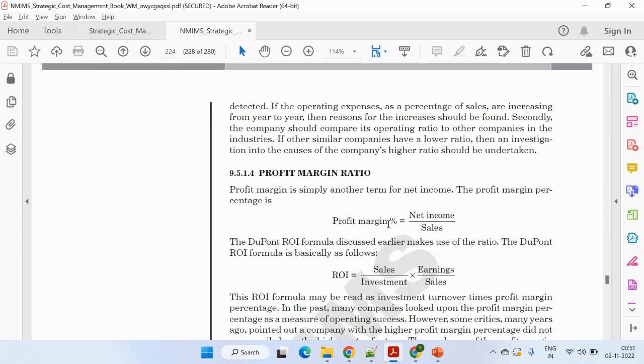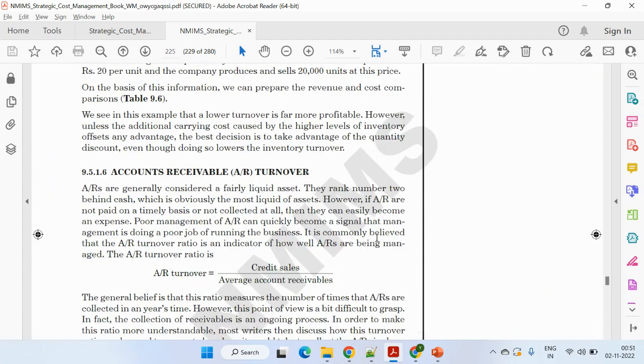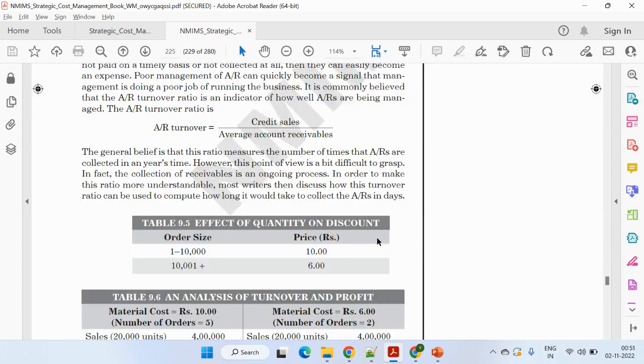Profit margin ratio, net income upon sales in the form of percentage. Inventory turnover, the cost of goods sold, which we call COGS, divided by average inventory. Receivables turnover, which is credit sales upon average accounts receivable.